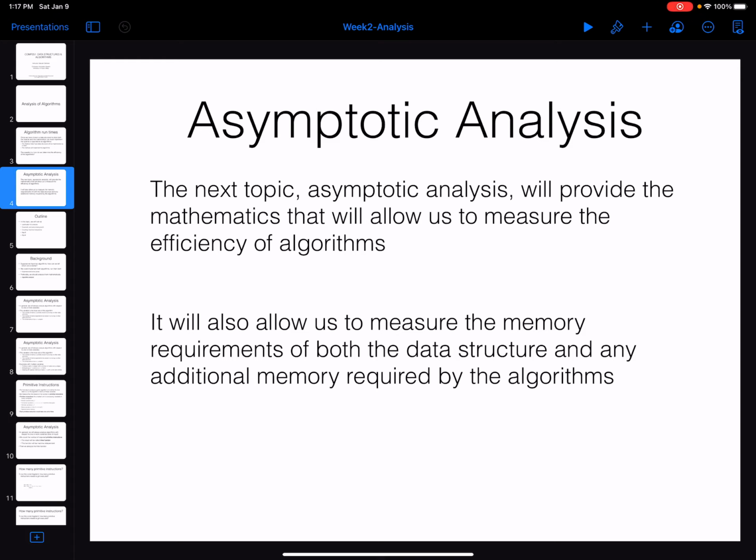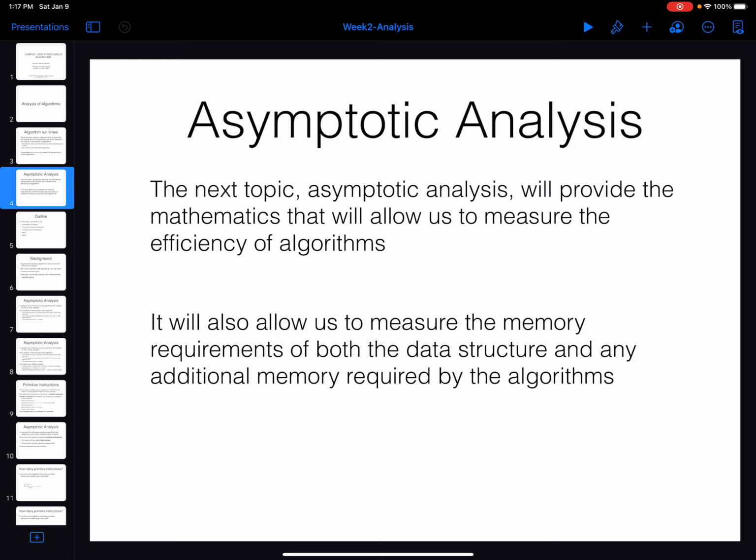You can get the sense that when you are comparing different algorithms in terms of efficiency, we cannot rely on details of the implementation, like which computer you are running it on, or which programming language you have implemented it in.